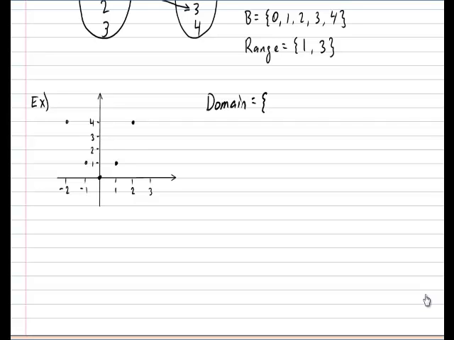Well, let's take a look starting from the left. If you take a look at the first point, the x-coordinate is -2. That's part of the graph, so that's part of our domain. So let's list it down, -2.